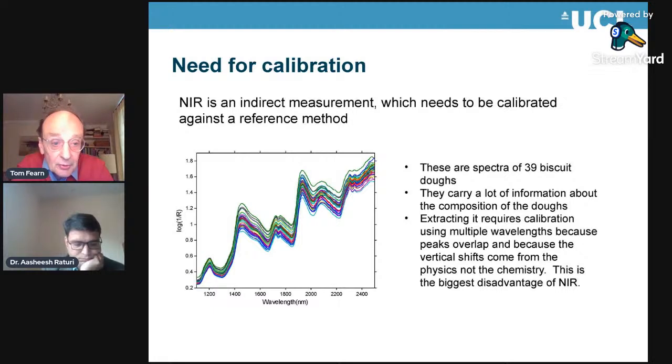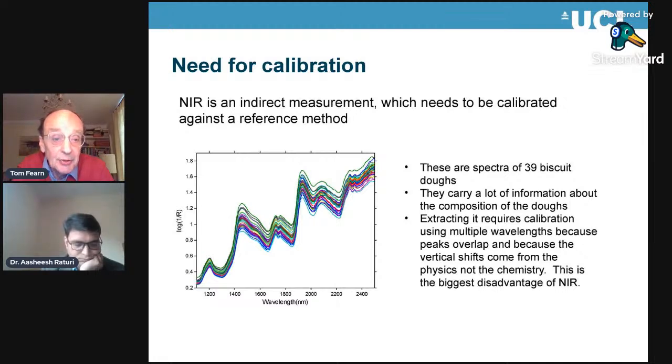And that's for two reasons. One is there are lots of peaks and they all overlap, so everything's interfering with everything else. And the vertical movement that you're seeing, these almost parallel but not quite movements in all these spectra, is not to do with the chemistry, it's to do with the physics. It's to do with how much light's coming back overall, and that's to do with the physical composition of these biscuit doughs.